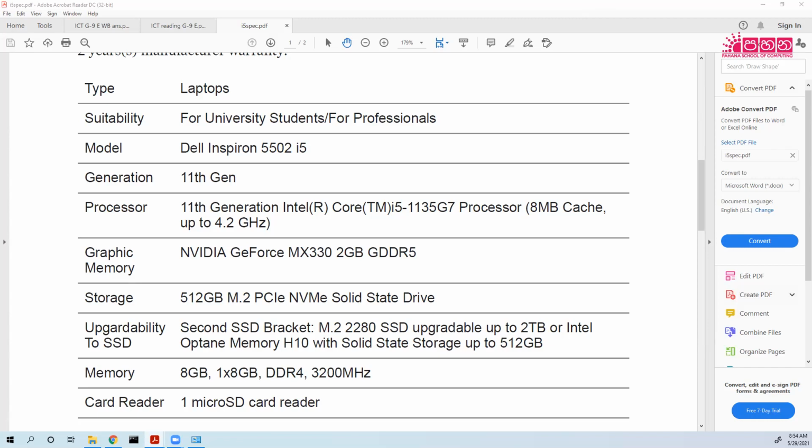Then the type of processor, which means whether it's single core, dual core, quad core, hexa core, whatever. And the speed. I need these three things.